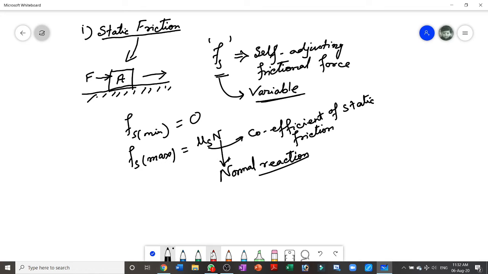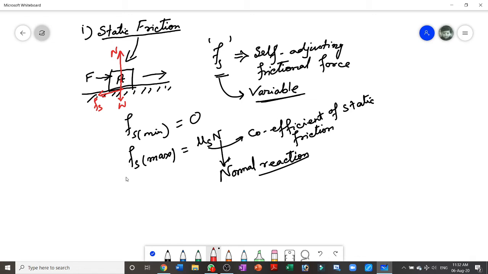Now, when the body is lying at this point, its weight force is acting along this side and the normal reaction will be acting along this side, N. The relative frictional force will act along this side, Fs. So Fs is equal to mu s into N. So this is the formula.